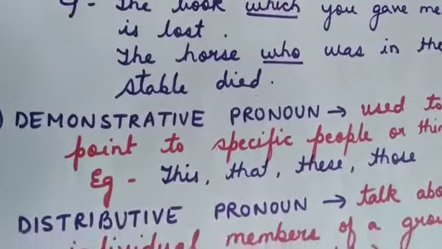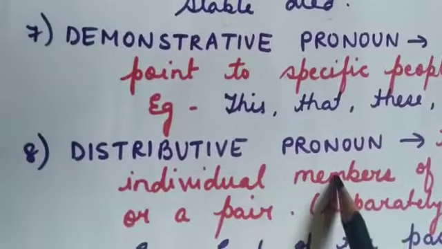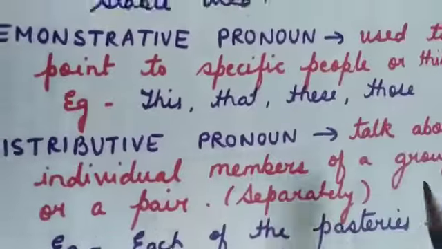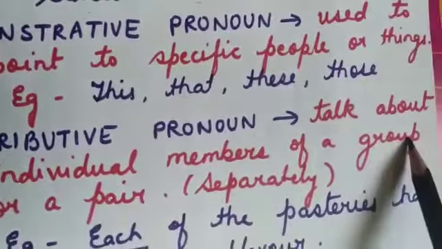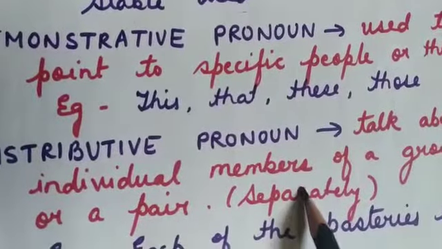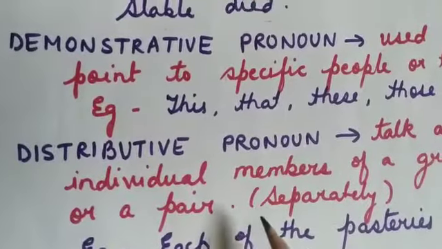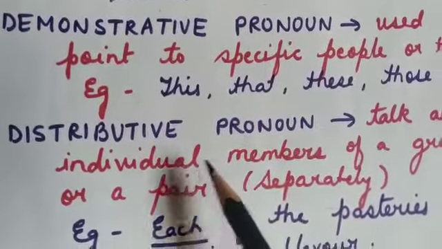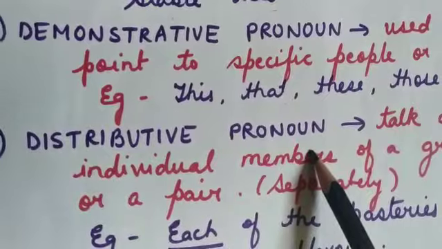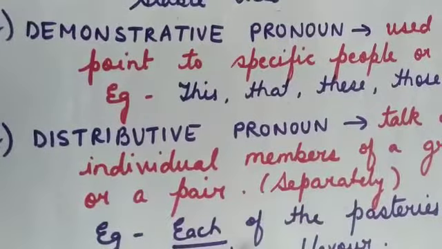The eighth one is distributive pronoun. When we talk about the individual members of a group or a pair, then that is called distributive pronoun. Means we are talking about them separately.